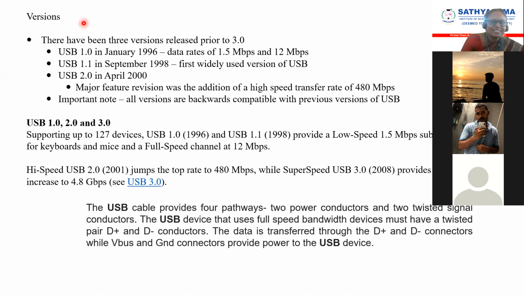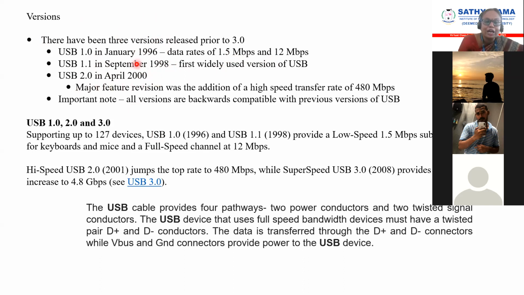Now just see the versions of USB. Version 1.0, January 1996, transferred 1.5 megabit per second to 12 megabit per second. Then 1.1, in 1998, USBs came into the picture and were widely identified.